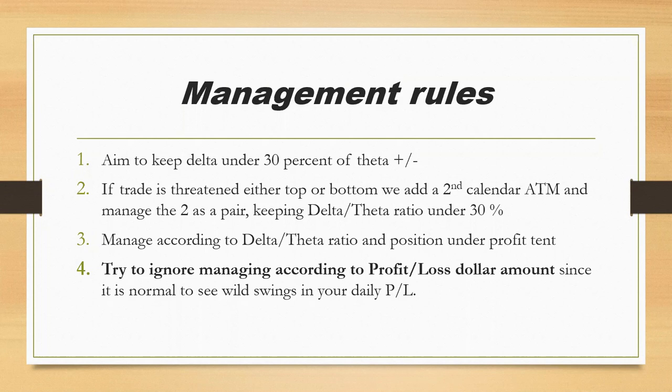You might see that and get scared and go, oh my gosh, this is not fun. I'm down 1,000, I'm up 1,000, whatever. That's just the way they work. So I would encourage you to kind of ignore your profit and loss, use the Greeks to manage your trade, and everything will work out.